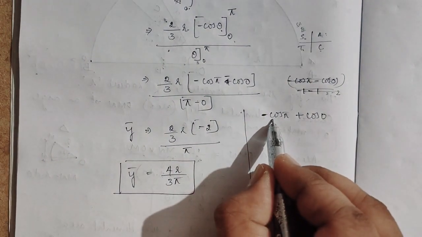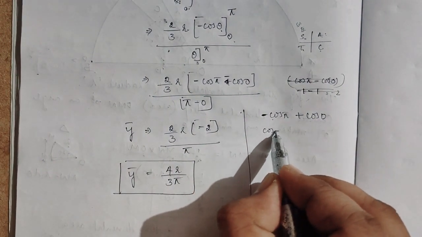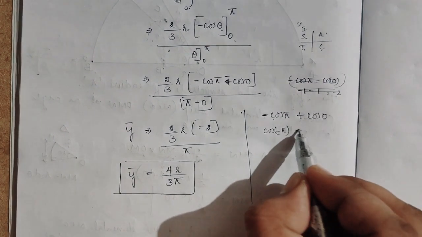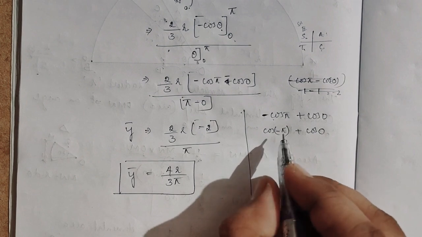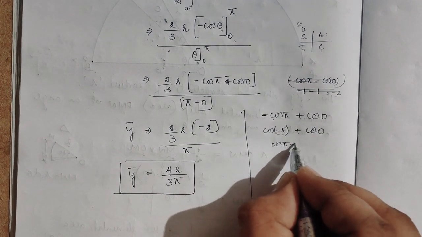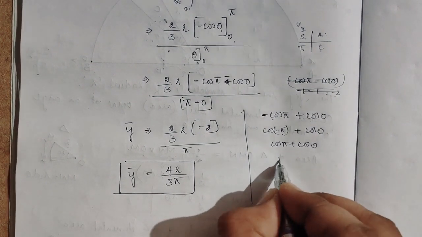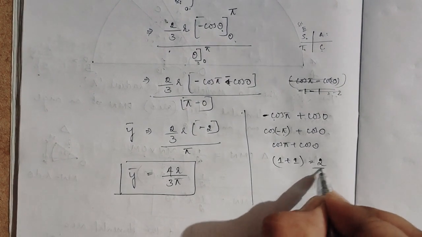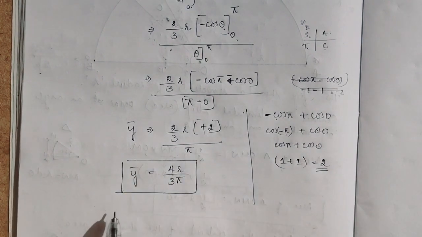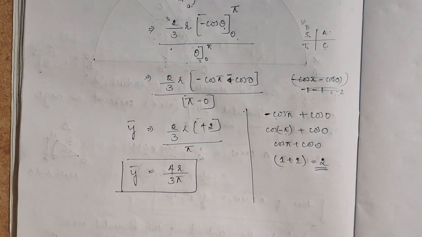Now this becomes cos of minus pi plus cos 0. Cos of minus anything is cos pi only, plus cos 0, so it is 1 plus 1, which is 2. So 4r by 3 pi.